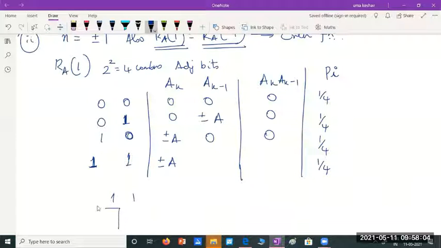If this is a 1 and it is represented as plus A, the next adjacent one will be represented as minus A. When this first bit was plus A, the adjacent bit was minus A. If this first bit was minus A, the adjacent bit would have been plus A. So what would be the product now? Plus A into minus A will be minus A square. Minus A into plus A will again be minus A square. So in either case, I'm going to get minus of A square.